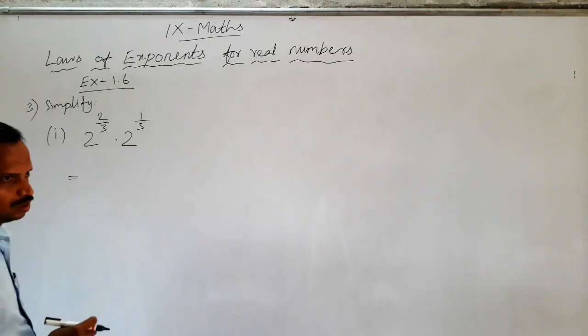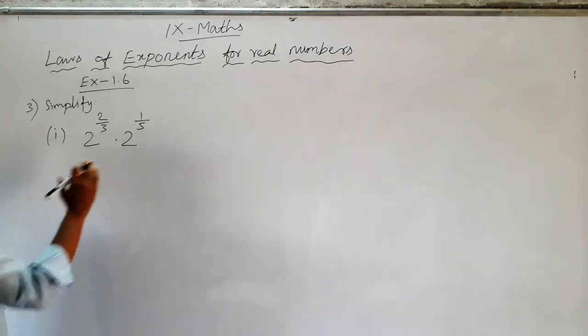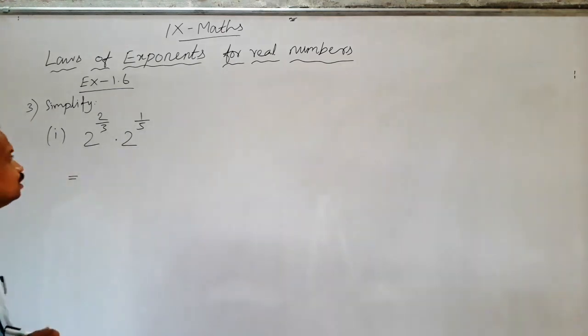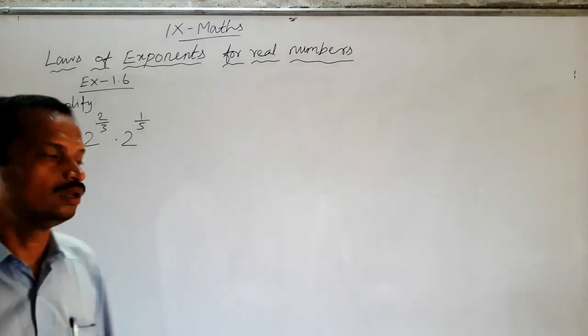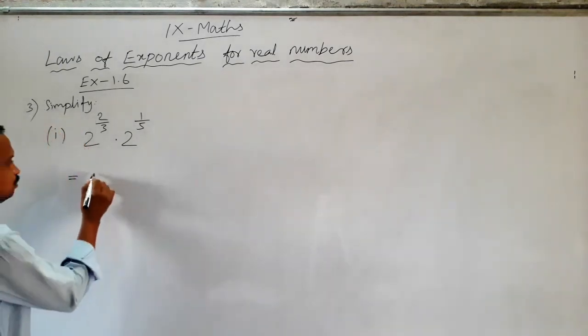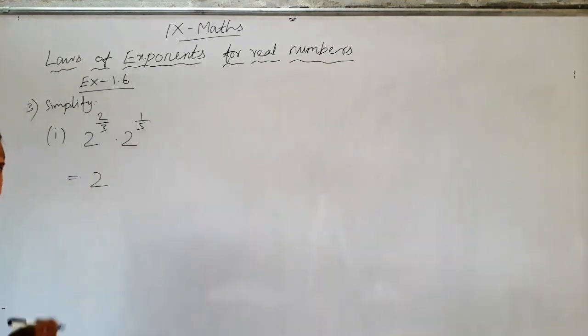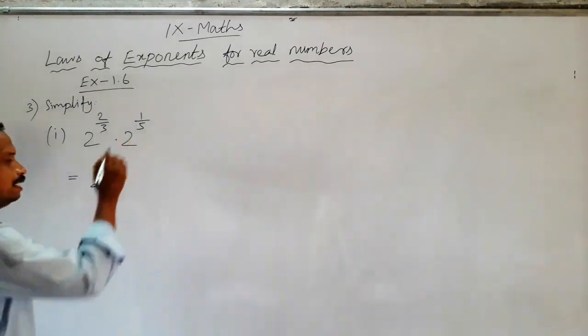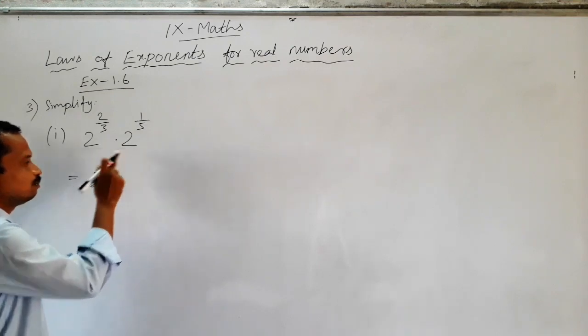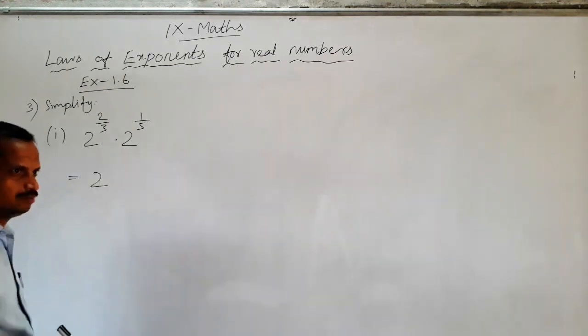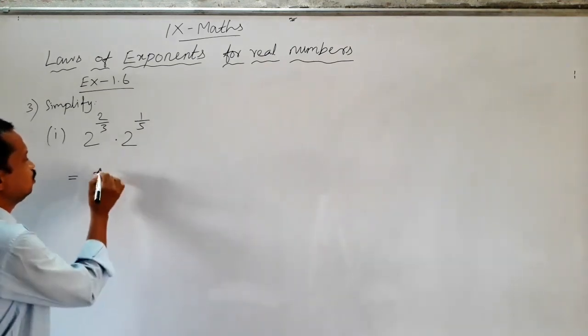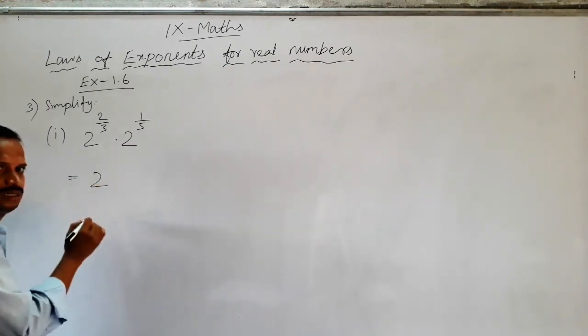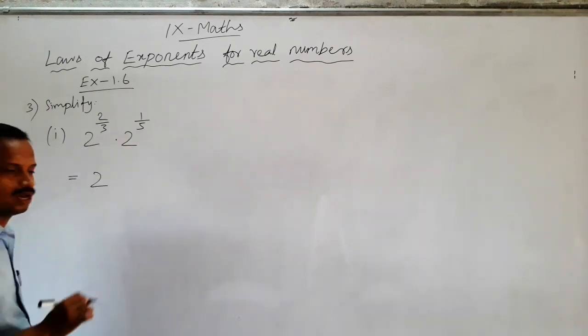Now let us see how we are going to do this. First of all, you have to focus on the base and then everything else. Here the bases are equal. So for the same base, the power you have to add, because the bases are multiplied here and the bases are same. Therefore, we put the base common and add the powers.